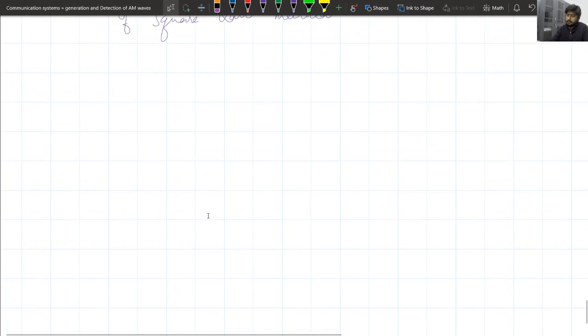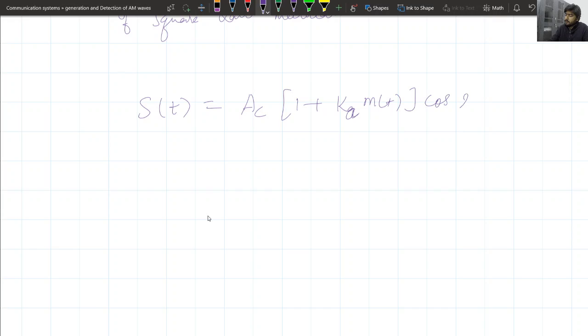Now s(t) in general can be written as Ac times 1 plus Ka into m(t) times cos 2 pi fc t. This is the form of the modulated wave.